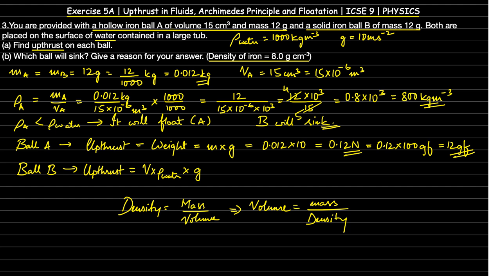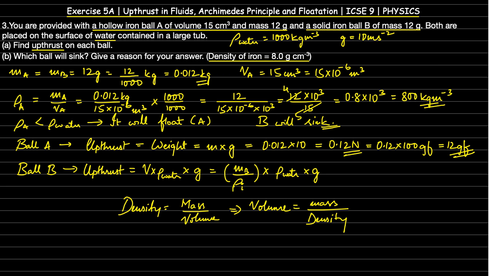So in place of V, I will be substituting mass by density. So here I will write mB divided by the density of iron. Here the density of iron will come, since we are finding the volume of iron, into the density of water into acceleration due to gravity. I hope this step is clear.